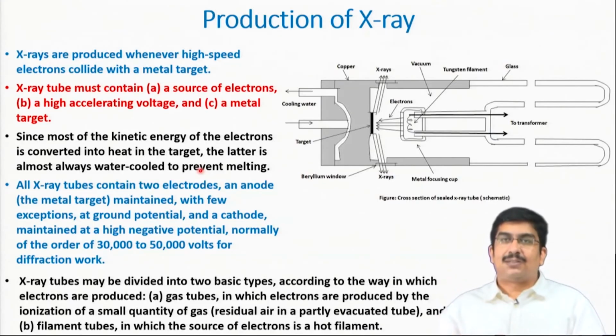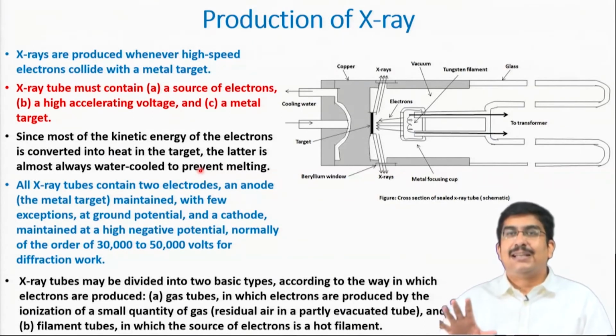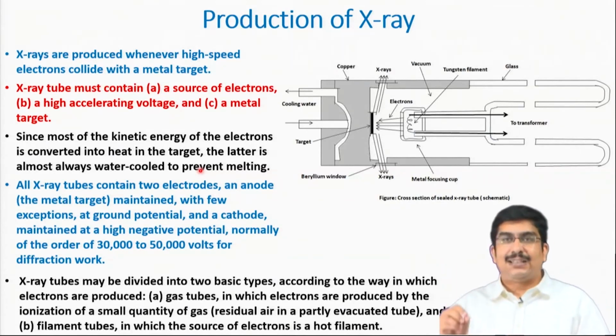This metal target is always water cooled, just so that it does not melt, and that is why refractory metals, heavy elements like tungsten and moly, are very good as a metal target because of their high melting point. One advantage is that they can give a highly energetic continuous X-ray spectrum.